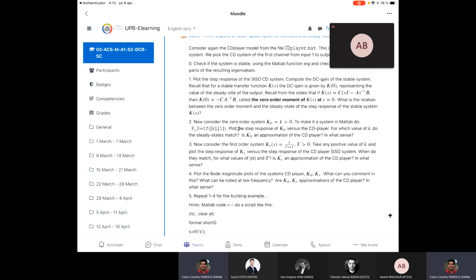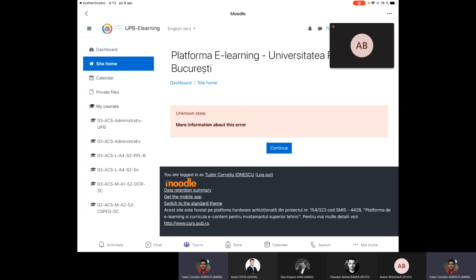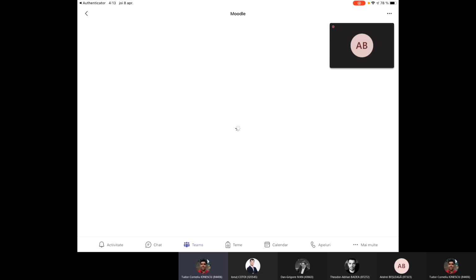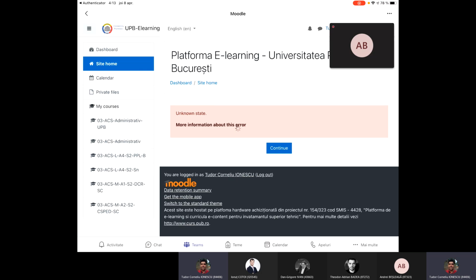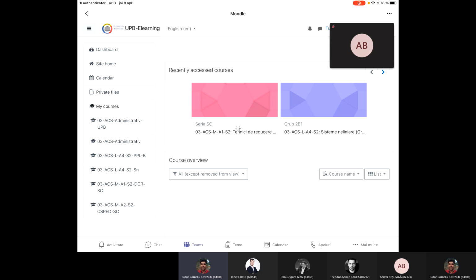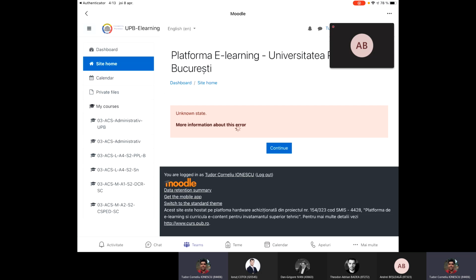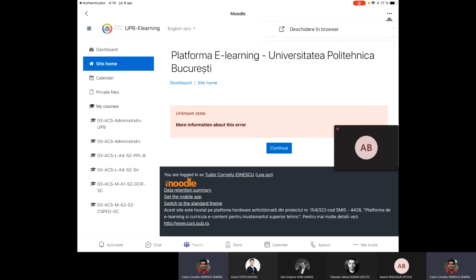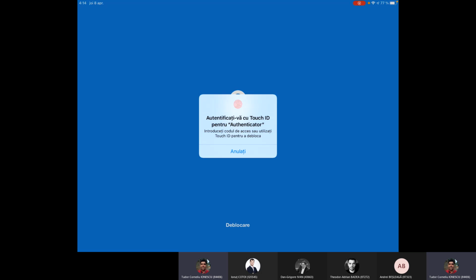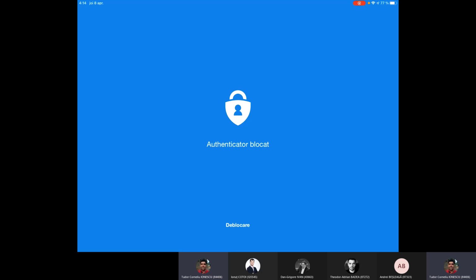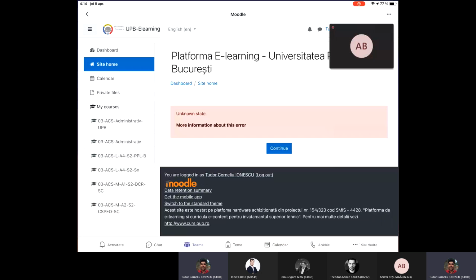I see there is a mistake here. I don't understand why. Trying to get out of this Moodle somehow. Okay, I don't want to be open in the browser anyway. Right.